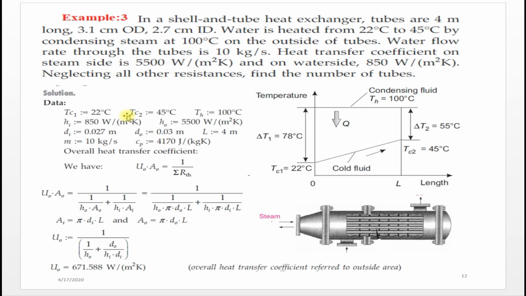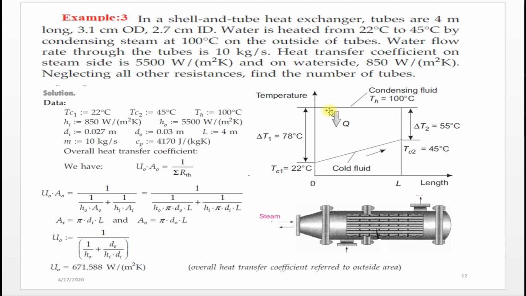Now we will write the given data first. For the cold side, Tc1 is 22 degrees Celsius, Tc2 is 45 degrees Celsius. Now looking at the diagram, for the hot side, there is no change in temperature because steam is condensing. There is no change in the temperature during the condensation process. Only phase change occurs.